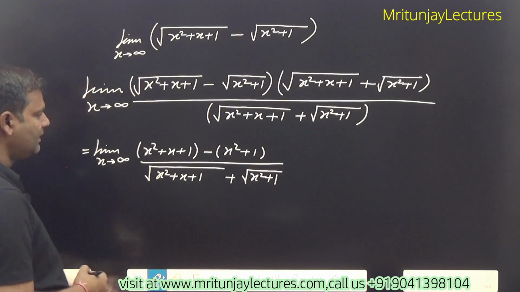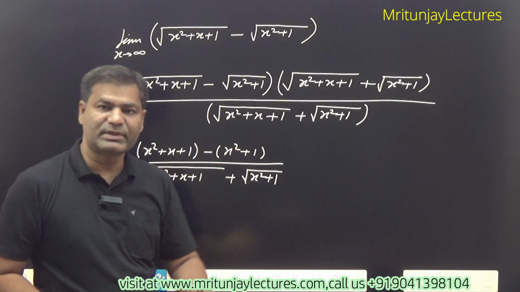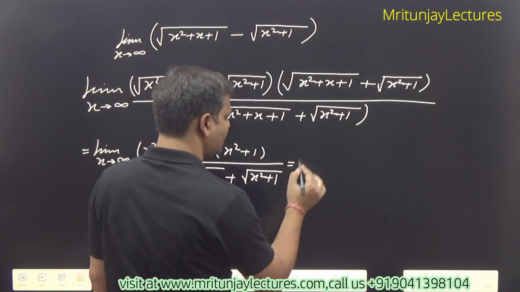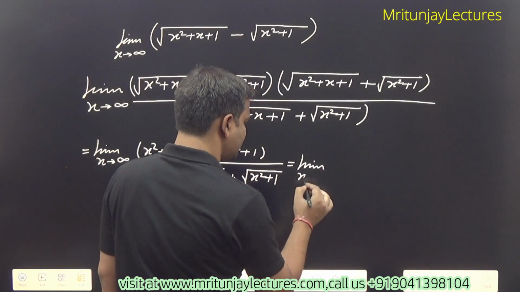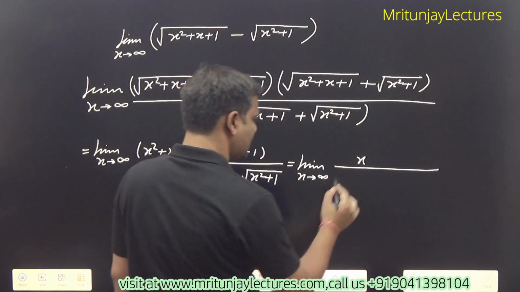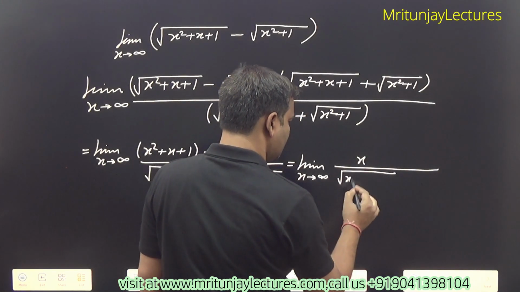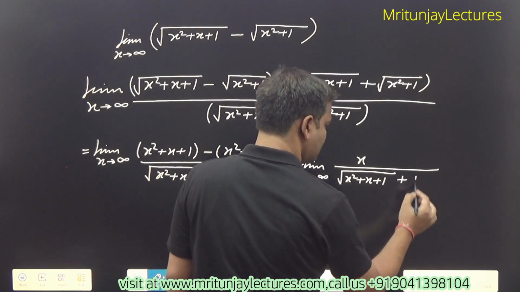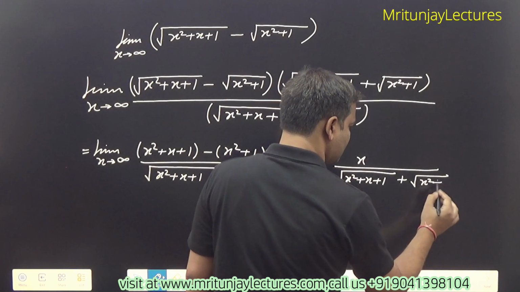Okay, x square plus 1 and x square plus 1 cancel out. So simply we get limit x tends to infinity, x upon under root x square plus x plus 1 plus under root x square plus 1.